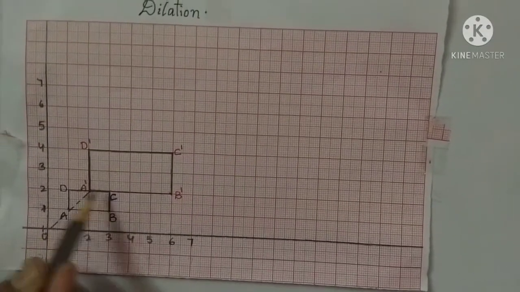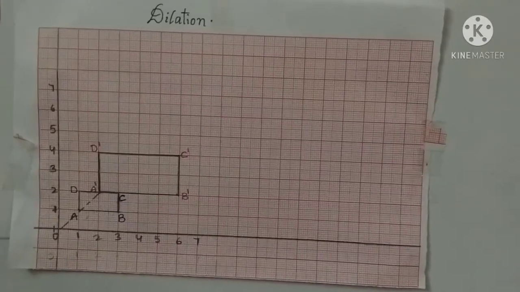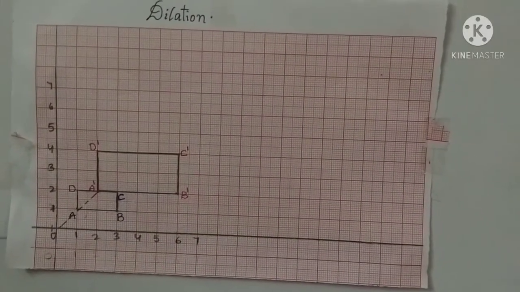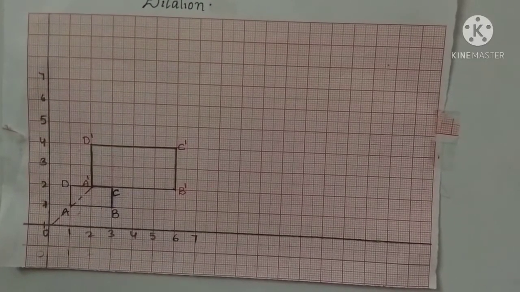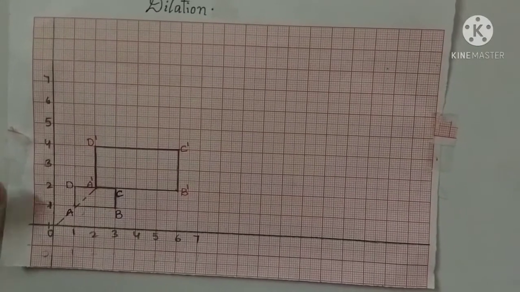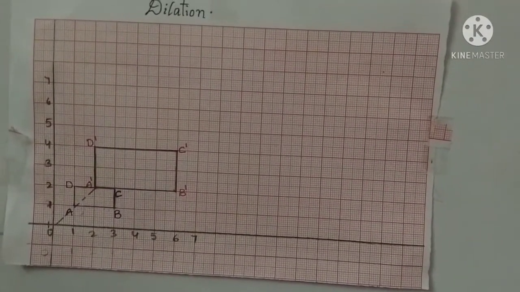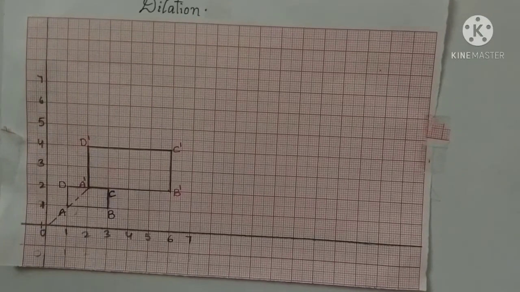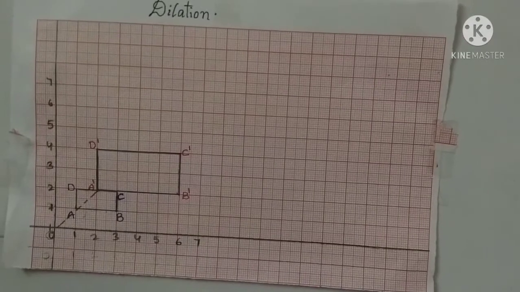This figure ABCD is enlarged to double. That is called a dilation. Here O is called the center of dilation.